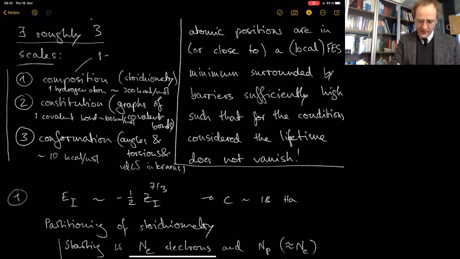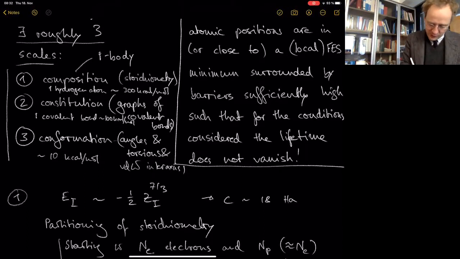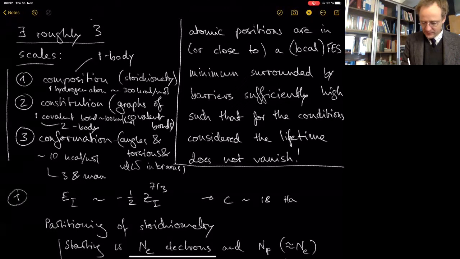This is sort of the one body physics, right? I mean, there can be multiple one body terms, but it's about this one body thing. And then here you have the strongest two body effects, right? And then here you have 3 and many body, right?